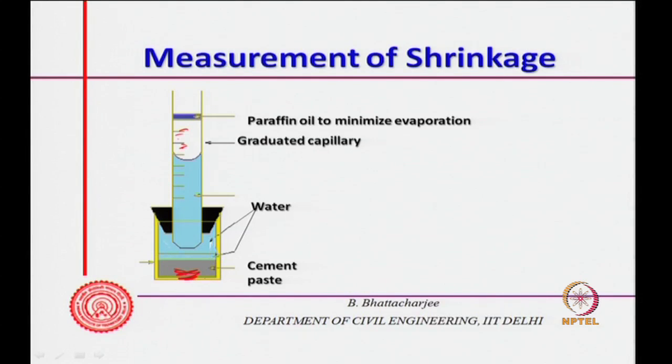All this is happening after mixing. So, you fill this with water, and there is paraffin oil added at the top to minimize any evaporation. So, there will be no evaporation loss, and as the shrinkage occurs, the water level in the capillary will come down, and from the graduated capillary you can measure the amount of chemical shrinkage.